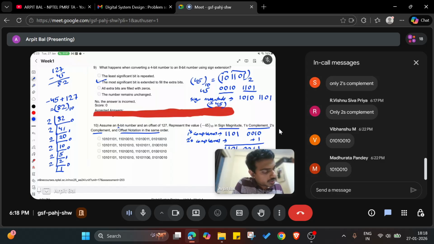So the representation will be 1010010. These are a total of 7 bits. I need to make it 8 bit, so I'll write it as 01010010.